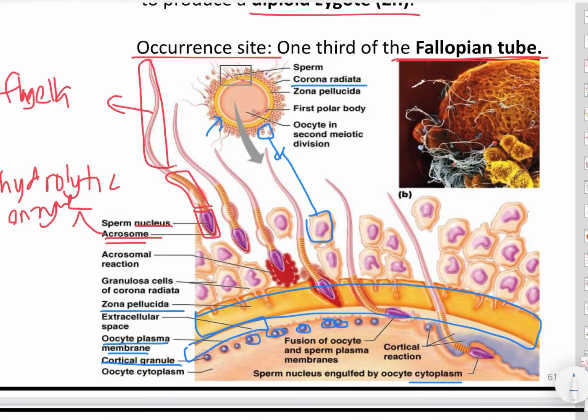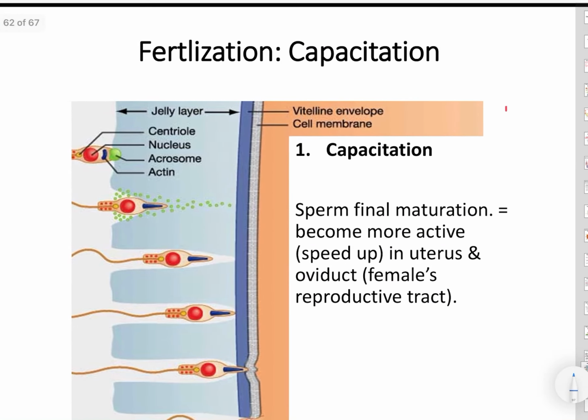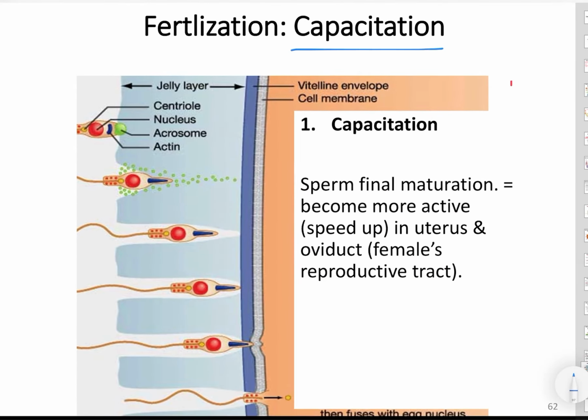The process of fertilization starts with the first stage that we call capacitation. The process of capacitation focuses only on the sperm, where it reaches its final maturation.